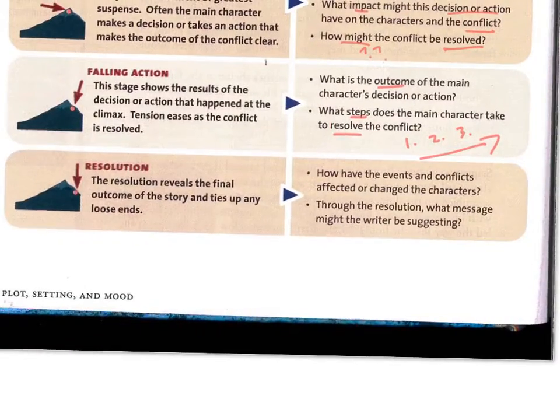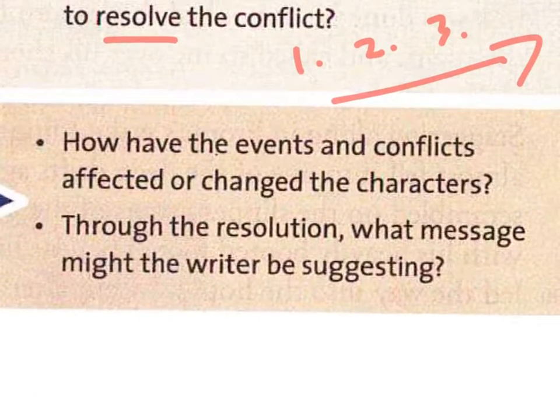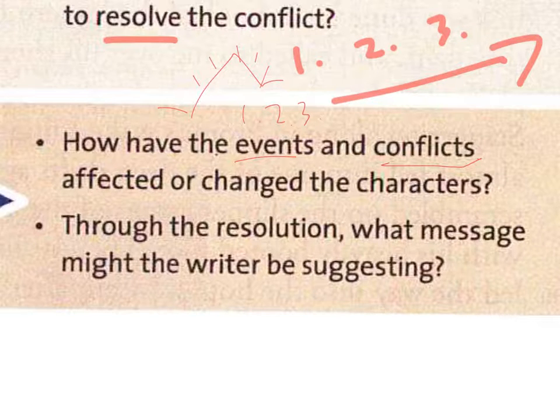And for the resolution, the ending, everything's tied up with a little ribbon on it. You ask yourself, how have the events, and again, events is what happens in the story, right? The events of the plot. How have the events and the conflicts affected or changed the characters?